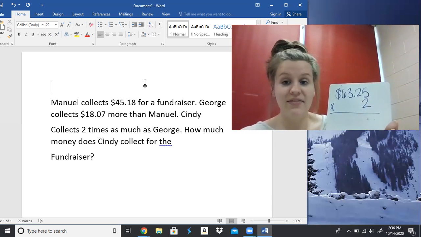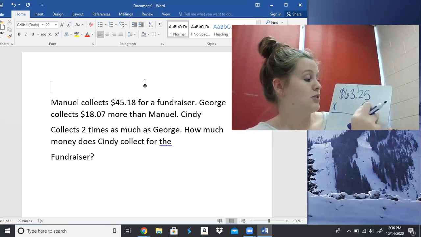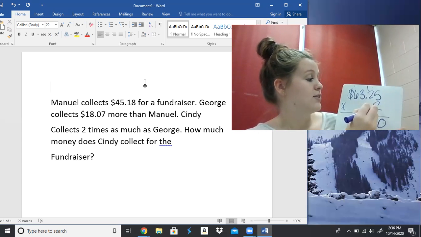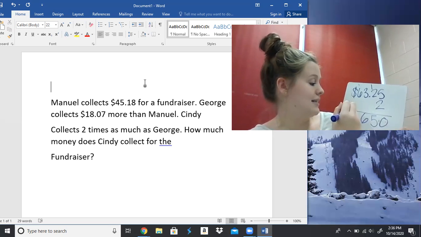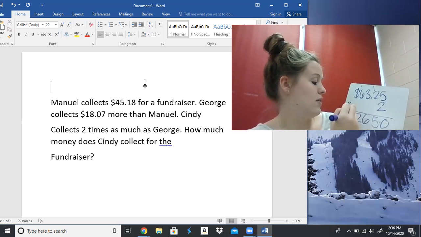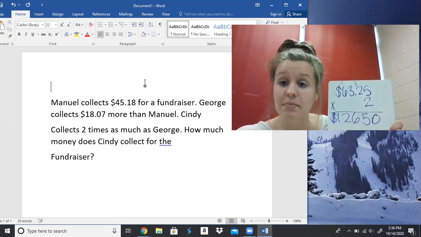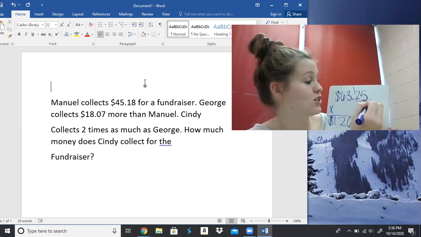Start with 2 times 5 is 10. Drop that 0, carry that 1. 2 times 2 is 4, plus 1 is 5. 2 times 3 is 6. 2 times 6 is 12. Bring down that dollar sign. And then we say how many places were behind that decimal. Let's count. 1, 2.